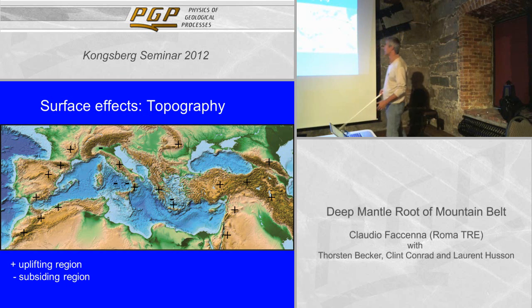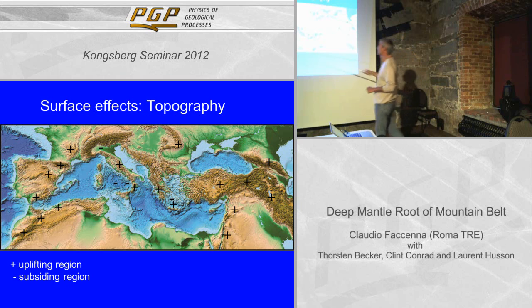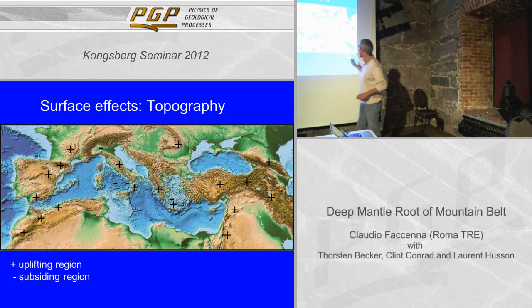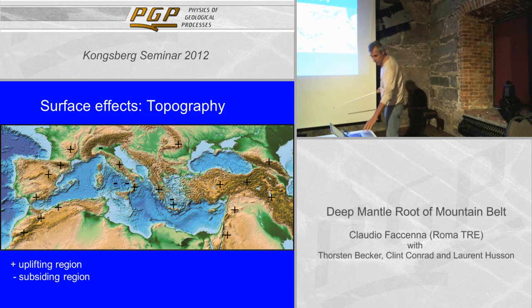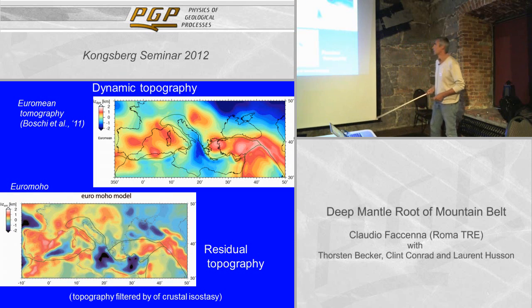Interestingly, the Mediterranean shows very sharp topographic contrast, a big, deep basin, for instance, in Calabria, and half mountains that are uprising, but also outside the boundary, like in Iberia, you have areas that are uplifting, and Anatolia and Iran. So is there any signature from the dynamic topography?